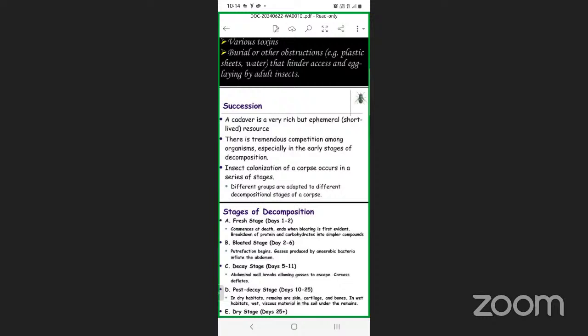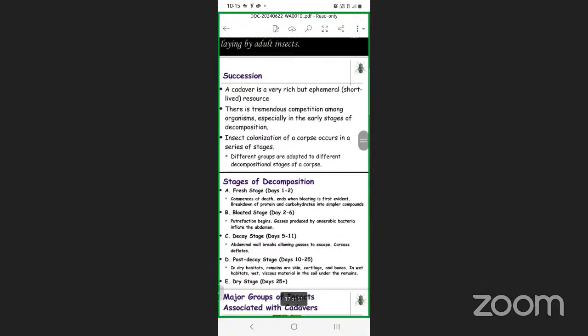Insect colonization of a corpse occurs in a series of stages, and different groups are adapted to different decompositional stages of a corpse.